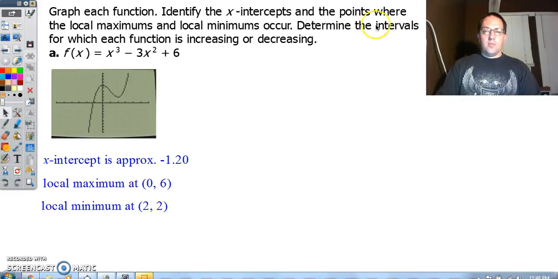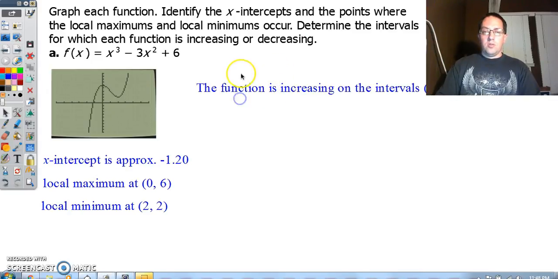And so next it wants intervals where the function is increasing or decreasing. So we see the function is increasing in two places. It's increasing right here on the left of this maximum, and it's increasing to the right of the minimum. So that would be to the left of 0, to the right of 2. Remember, these intervals are always looking at x values.